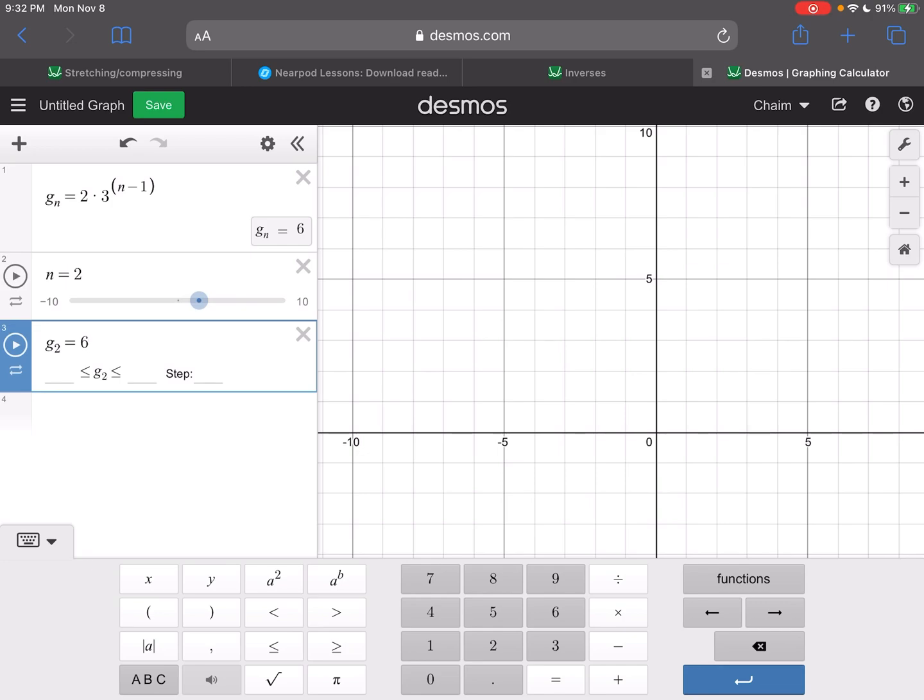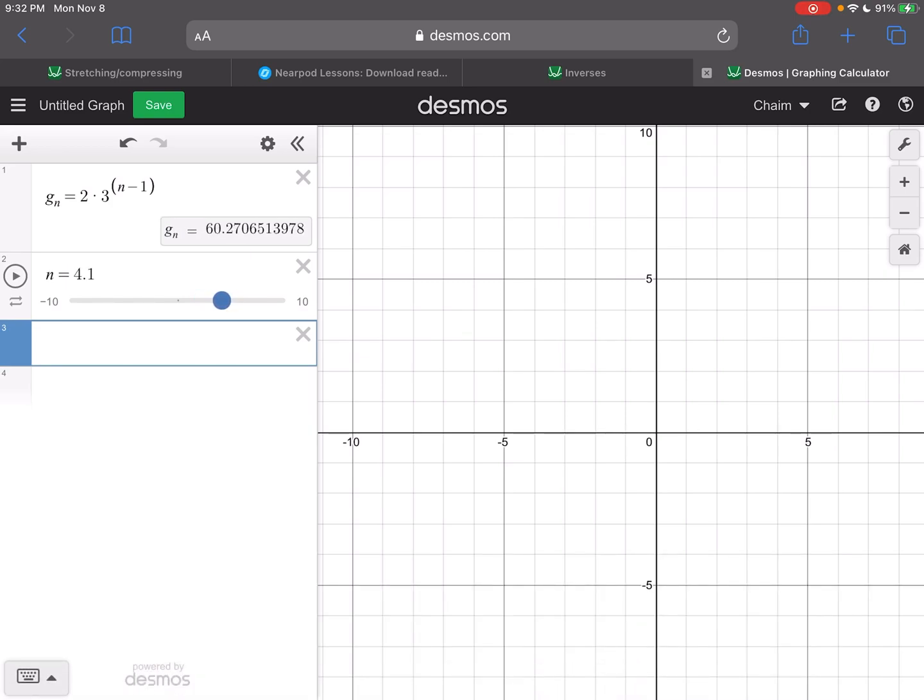All right? And then they want the third term. If I were to find the third term, I could literally just slider this if I wanted to. I could go to the third term. I could say, what's the third term? Jeez. Having a hard time with the iPad, but the third term's 18.